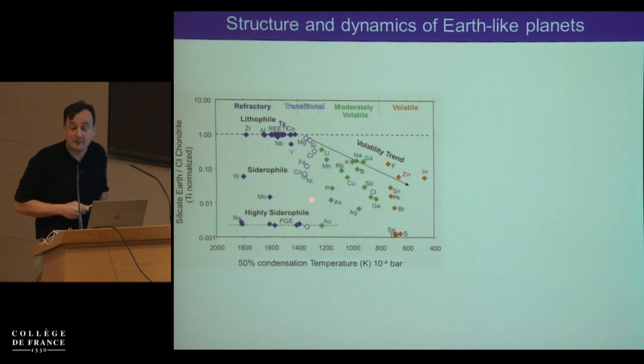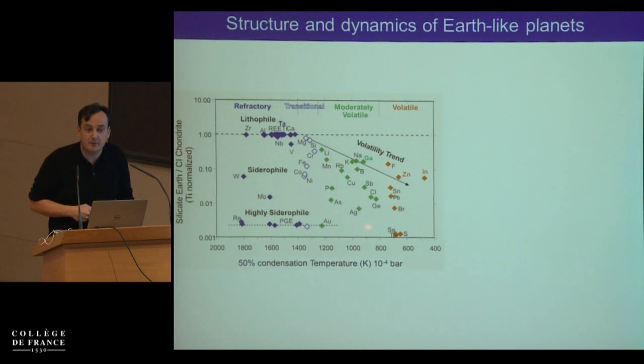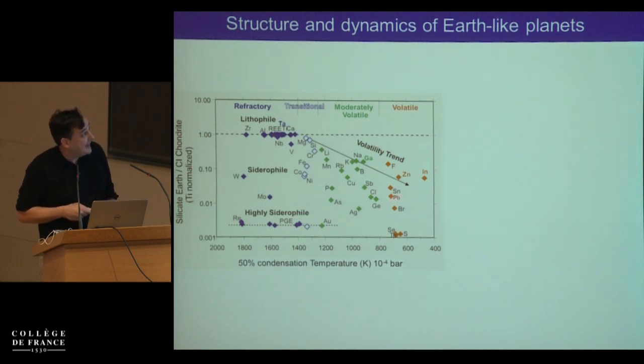And this is one of the founding principles of geochemistry, that the Earth seems to have accreted from a type of carbonaceous chondrite. But then we've also got lots of other elements which are depleted. Some of these are clearly depleted as a result of volatile behavior, so some processes influence their volatility, but many of them are also depleted as a result of siderophile behavior, and that means that they partitioned into the Earth's core during the core-mantle differentiation process that happened during accretion.